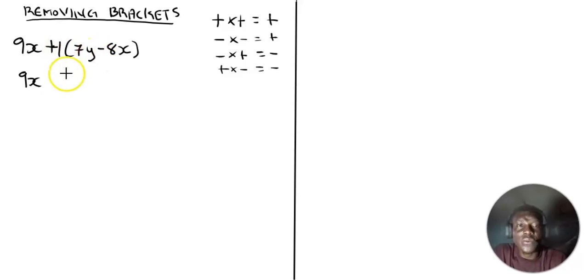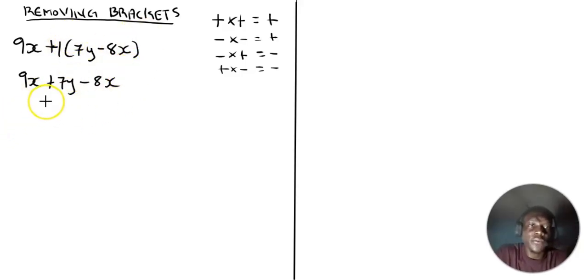So 1 times 7y will give you plus 7y, plus 1 times minus 8x, plus times minus, like we have here, plus times minus will give you minus. So the minus remains, so minus 8x. So it's just like you removed the bracket, no difference, right?